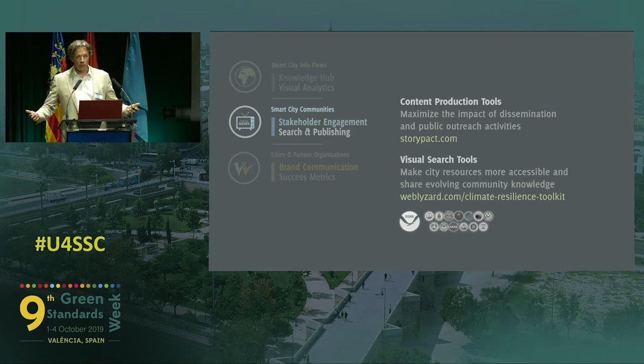Once all this information is out there, we can use these tools to have visual exploration of these resources. We have done a project that was part of Barack Obama's climate action plan, where we aggregated climate change related information from 13 federal agencies in the US and provided all this information as part of a single search engine.